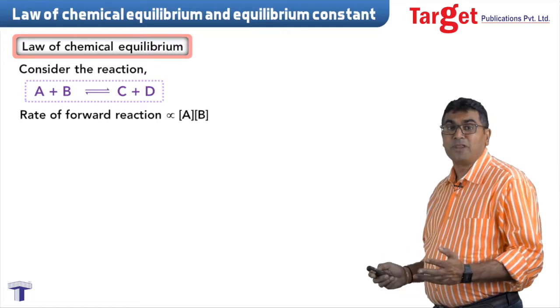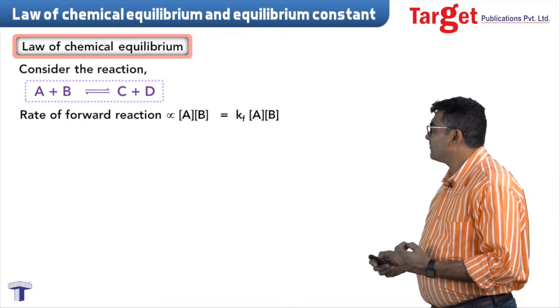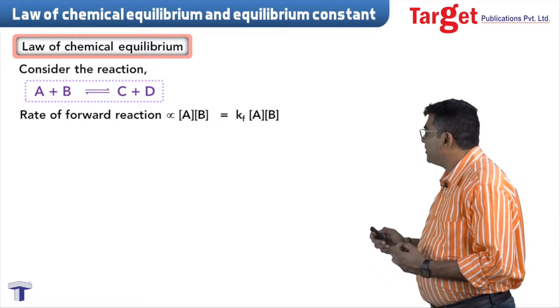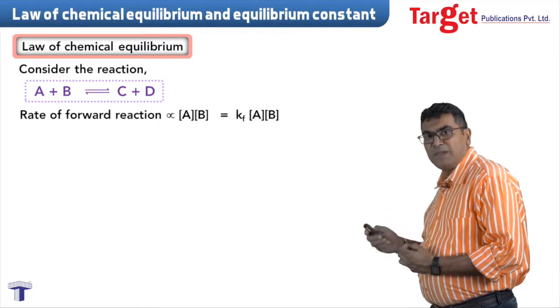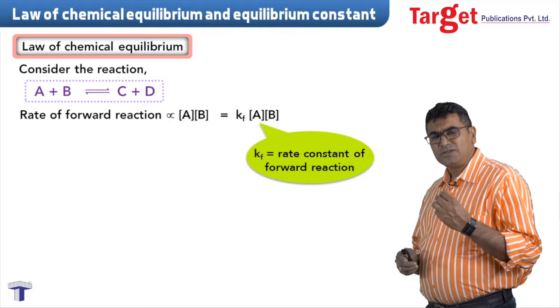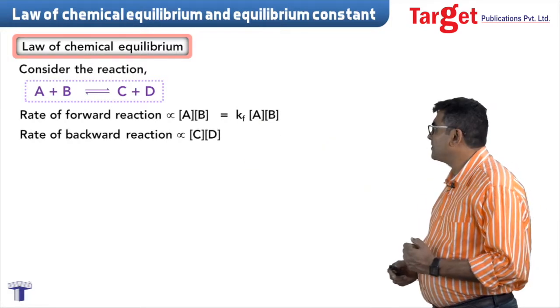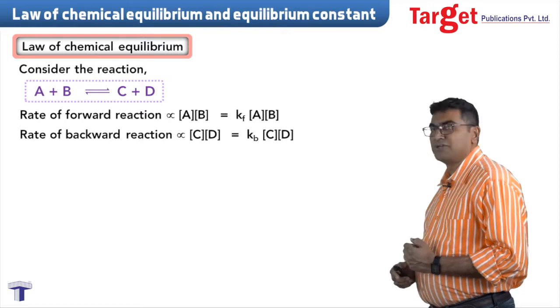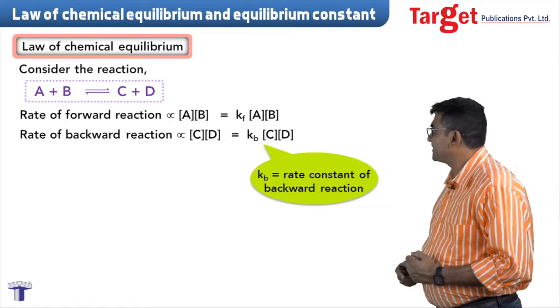If the powers were there, then the indices would be representing them. Rate of forward reaction can now be replaced by Kf into concentration of A into concentration of B. Here Kf represents the rate constant for the forward reaction. Similarly, for the backward reaction, we have this representation where Kb gives the rate constant for the backward reaction.